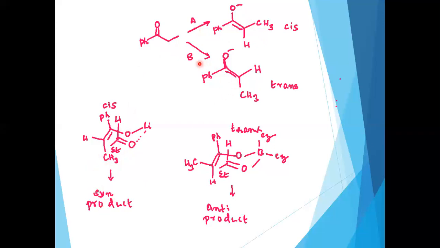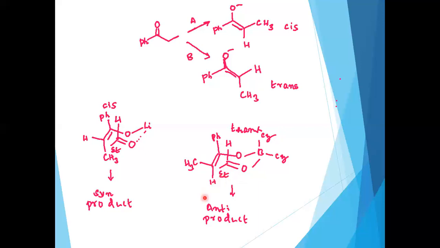In this case, when the bulky boron reagent is used to generate the enolate, a trans enolate is formed. So this trans geometry is maintained in the cyclic six-membered transition state also. The same aldehyde is written here. In the aldehyde, the hydrogen, which is smallest, will take the axial position, and the other substituent would take the equatorial position.